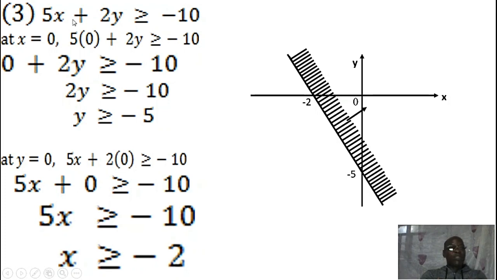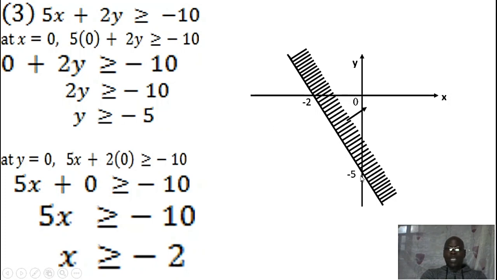Originally, we are given 5x plus 2y is greater than or equal to minus 10. When we put x equal to 0, 5x will become 5 multiplying 0, which is 0. So we are left with 2y to be greater than or equal to minus 10. If we divide both sides by 2, not by minus 2 but by 2, we get y to be greater than or equal to minus 5.